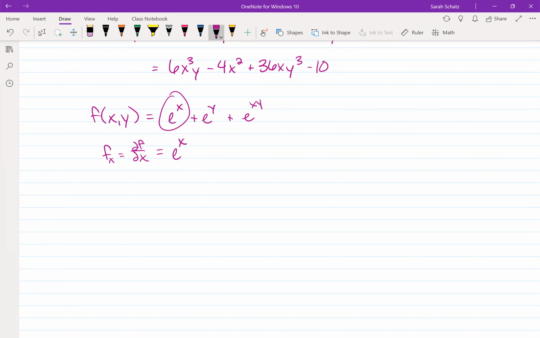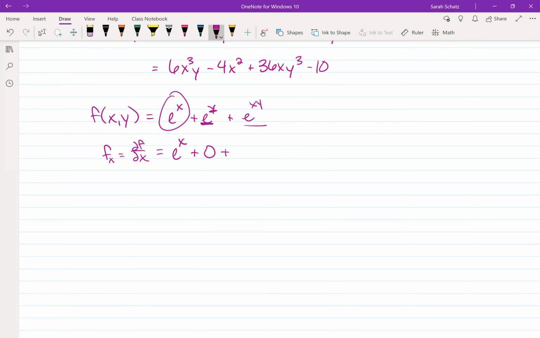But you guys, sometimes when you see e, it makes you think variable because it's a letter, right? But remember, e is a constant value. It's always 2.71828... So e is just a constant. If y is also just a constant right now, this whole thing, e to the y, is just going to go away.